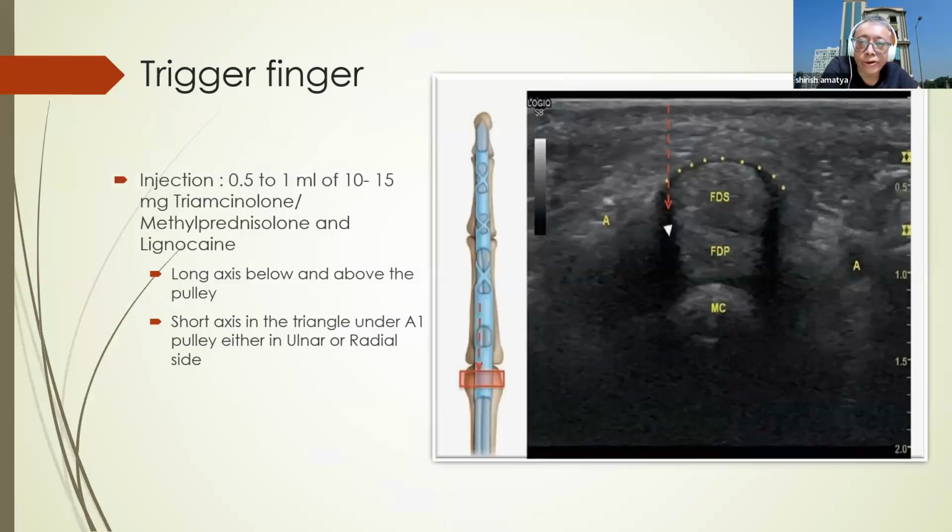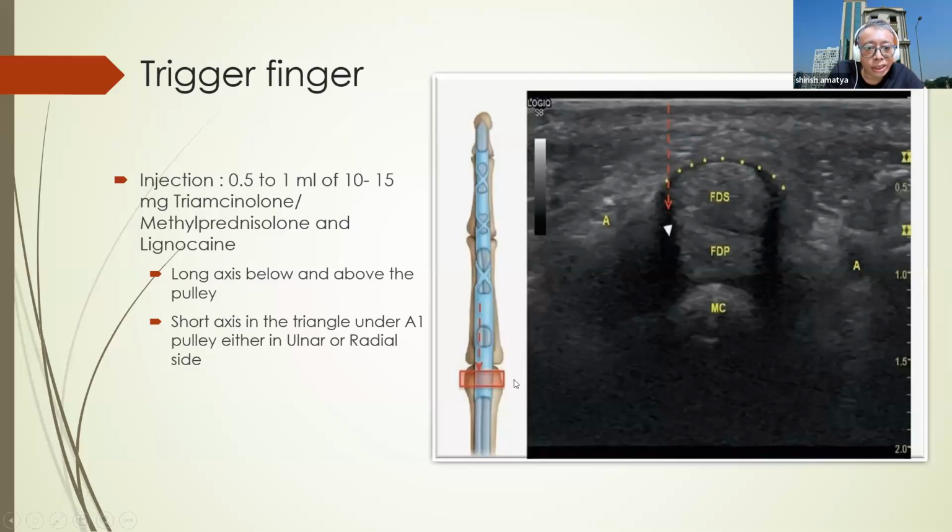In trigger finger, we can inject local anesthetic as well as steroid inside the tendon sheath or just above and below the tendon. It can be injected both in long axis view as well as short axis view. In the long axis view, we normally inject the steroid and local just above and below the pulley. But in short axis view, as shown in this picture, we can inject inside the pulley, as shown in this white triangle.